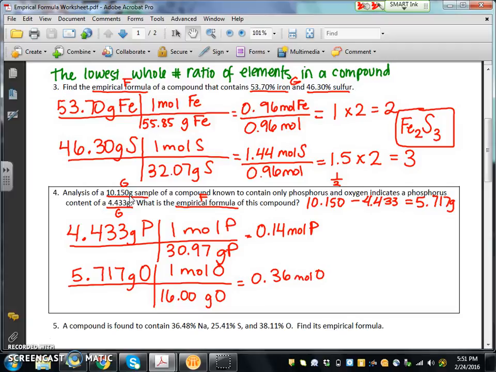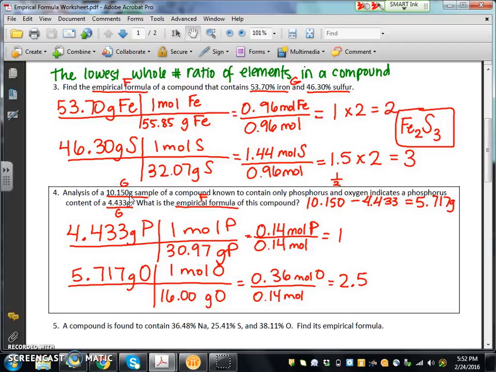So we have converted from mass to mole, and our next step is divide by small. 0.14 is the smallest number, so I'm going to divide both numbers by 0.14. I know that this will give me 1, and 0.36 divided by 0.14 is going to give me 2.5.